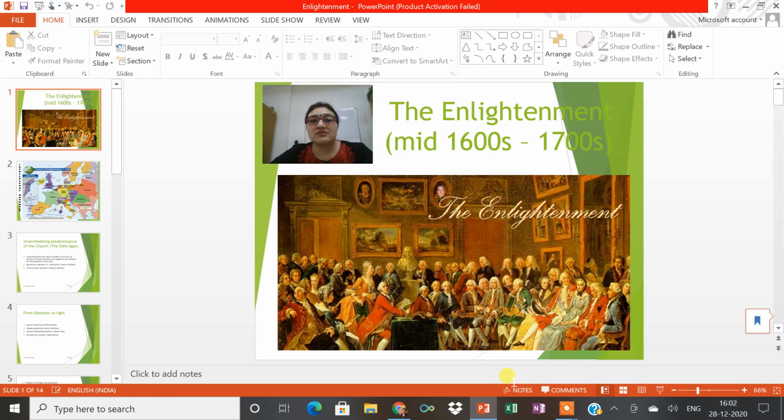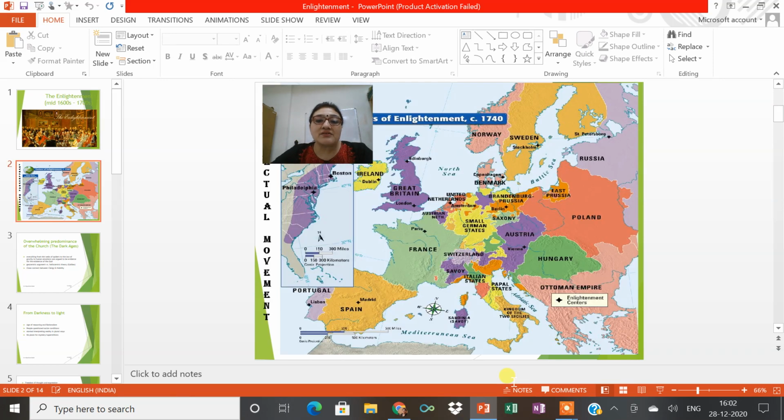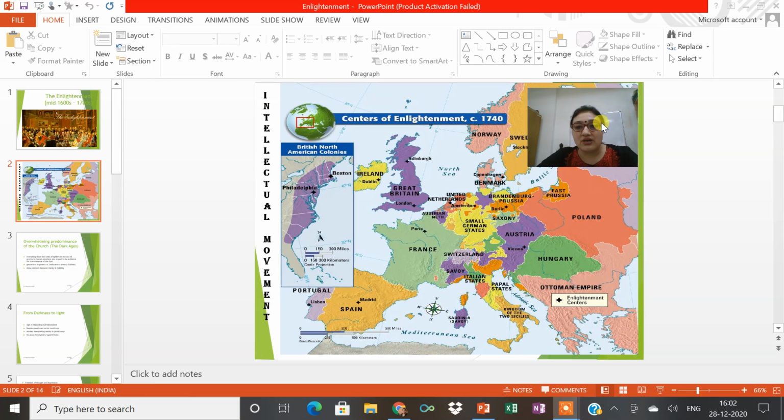So now the question arises: what exactly is enlightenment? Coming up onto your screen is enlightenment as basically an intellectual movement which spread from the mid 1600s to 1700s in an area which is right there on your screen as centers of enlightenment.